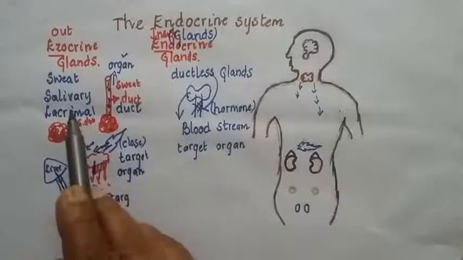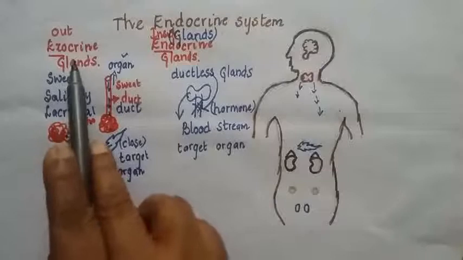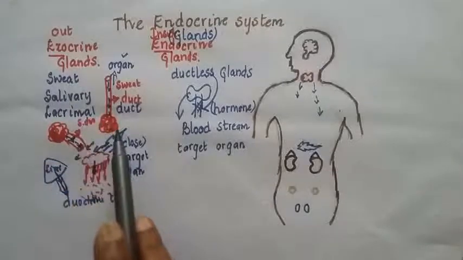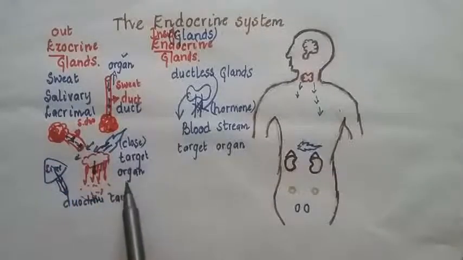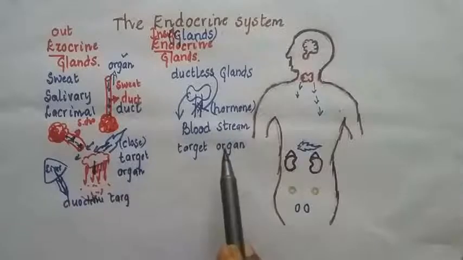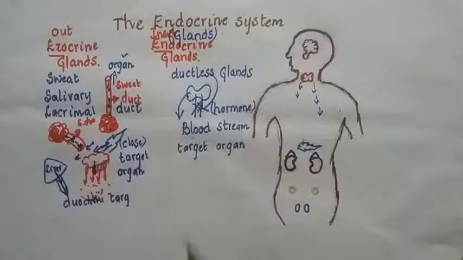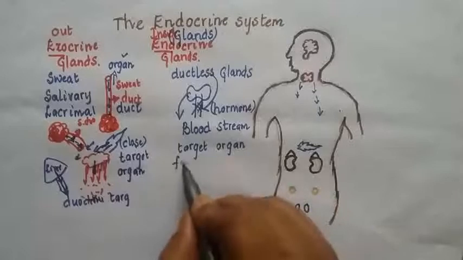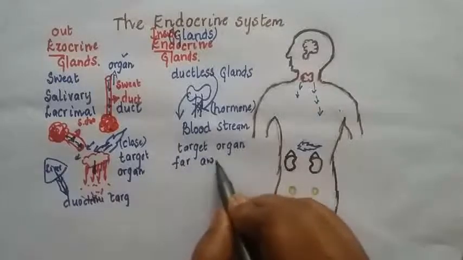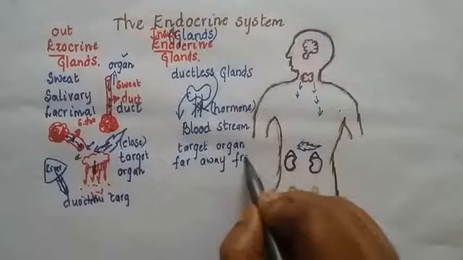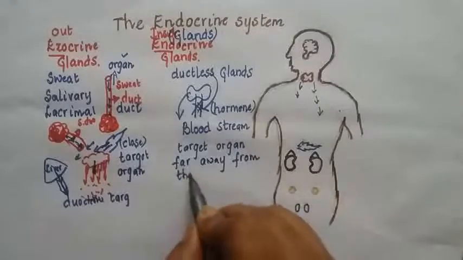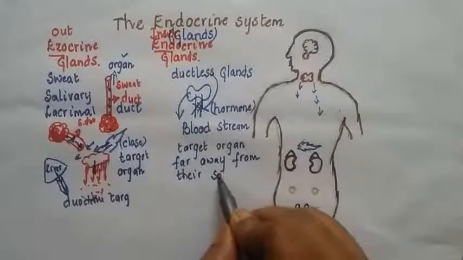Okay? Just now I taught you, in case of exocrine glands, the target organs are very, very close to their origin. But in case of endocrine glands, the target organs are far away from their source.